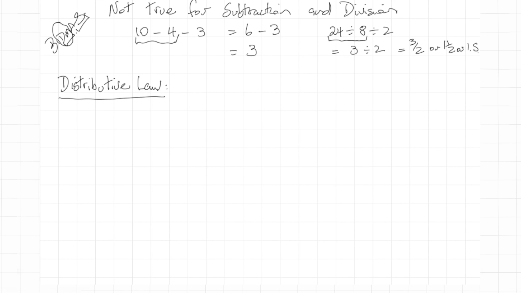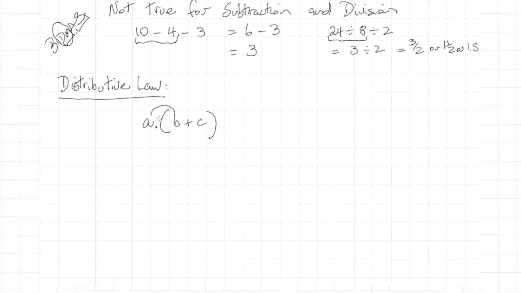Okay, now there is another law called the distributive law, and the distributive law simply says, if we have something like that, this A, the sign between the A and the brackets, is understood to be a multiplication. Whatever's outside the bracket is distributed.